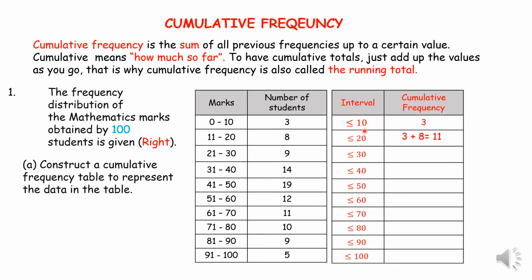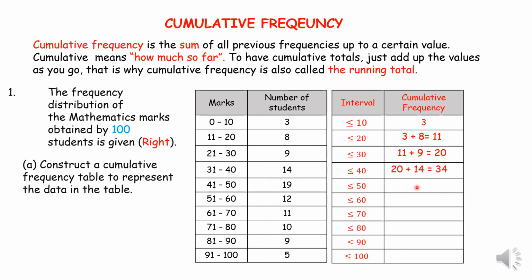As I said, you just go ahead and add them, and the students who scored less than or equal to 30 marks are 9 plus 8 plus 3, because if someone has 3 out of the test, or 11 out of the test, or 15 out of the test, or 22 out of the test, they are still scoring less than or equal to 30. So the number of students are 20.